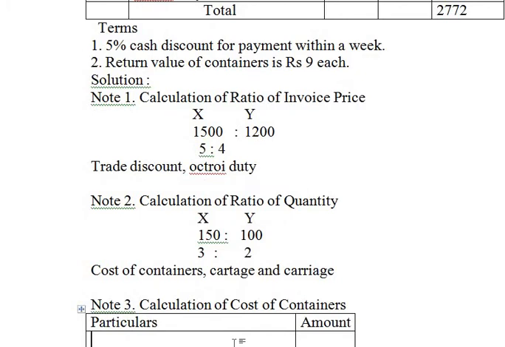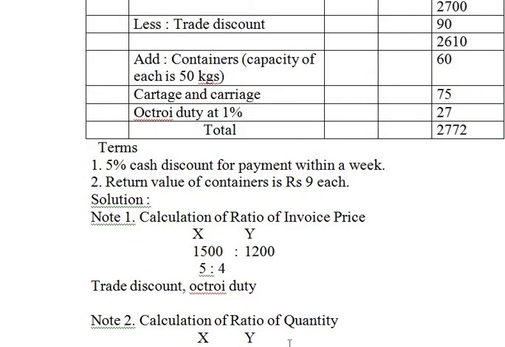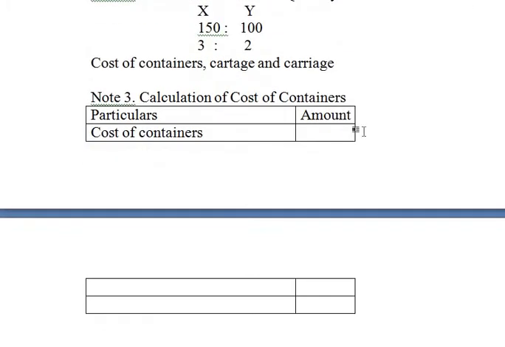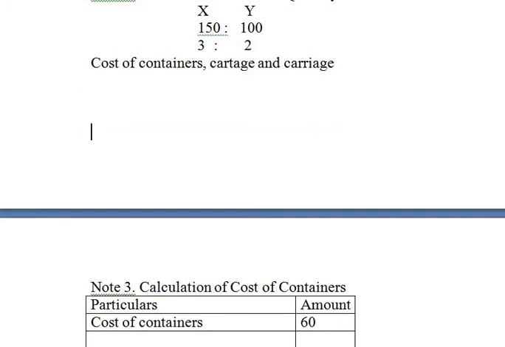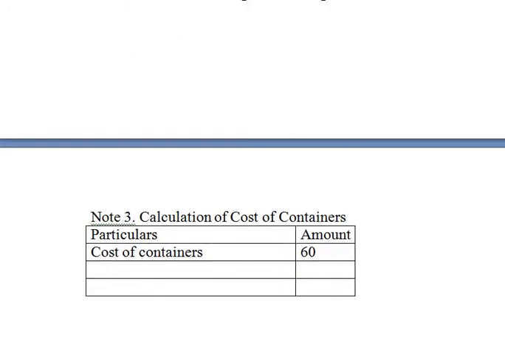Understanding? So here you can write cost of containers. Now how much is the cost of containers? Go through the problem. See here, cost of containers is 60, right? From this we need to deduct the return value.